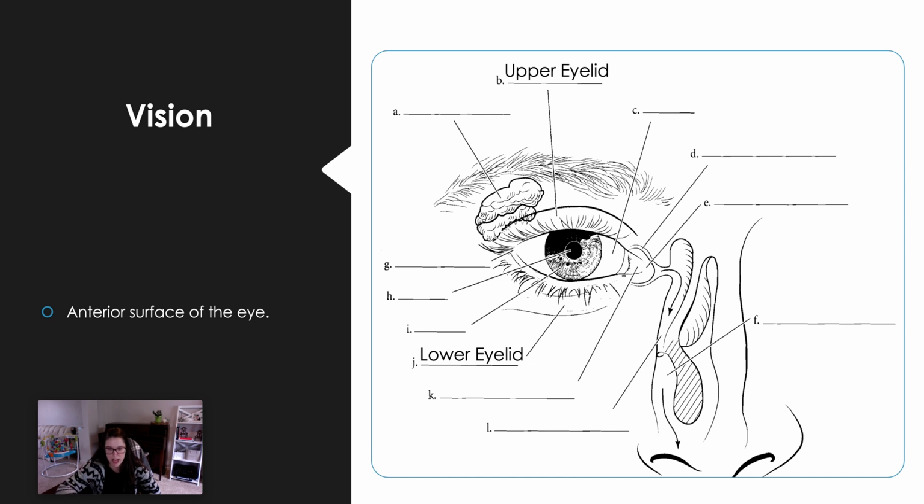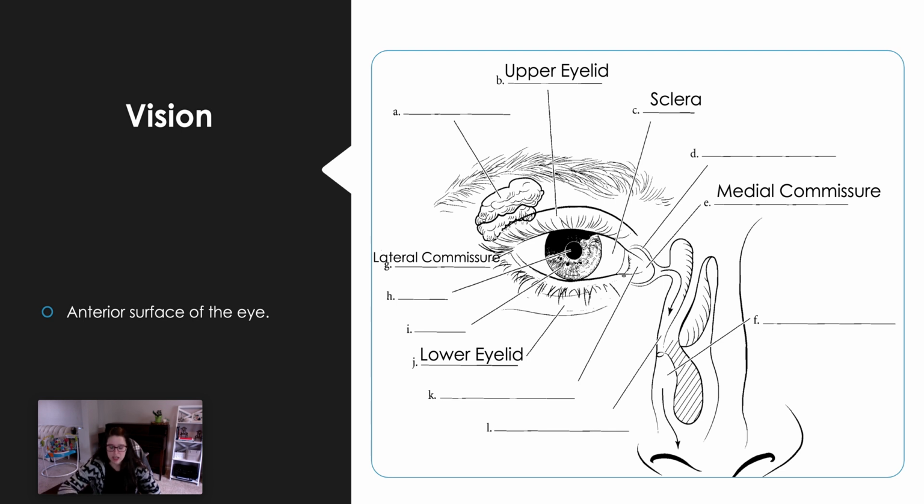We're going to talk about that in a second. You have the lateral commissure, which I'm going to highlight here. The commissure is this corner here of your eye. If this is the lateral side, we're also going to have a medial commissure right here.